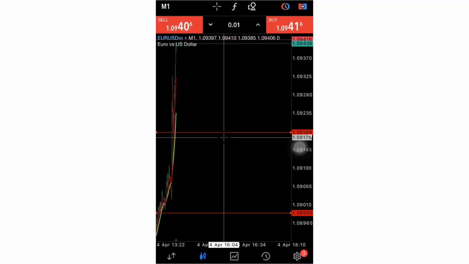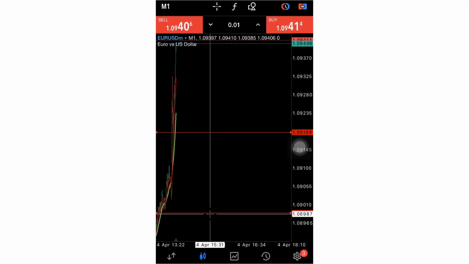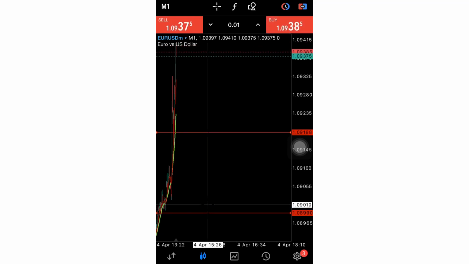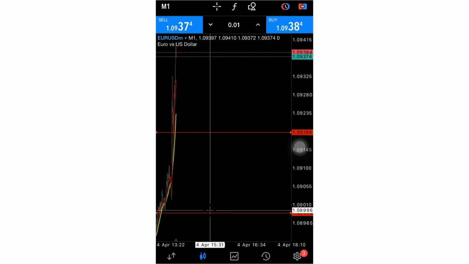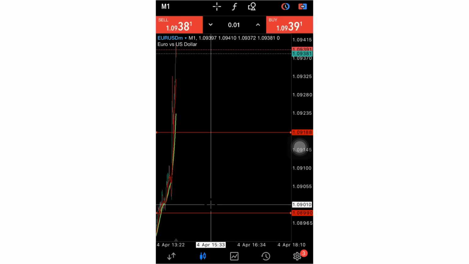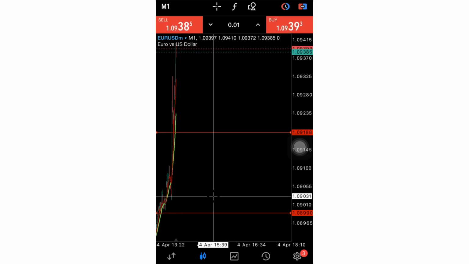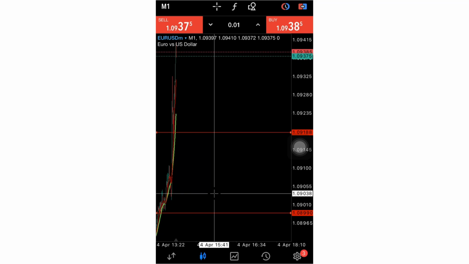So if we want to confirm it, let's check. As you can see, this is the price. This is even 1 pip of movement, sorry. This is 1 pip. 2, 3, 4, 5.